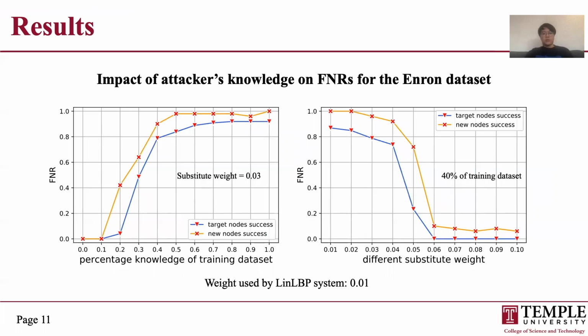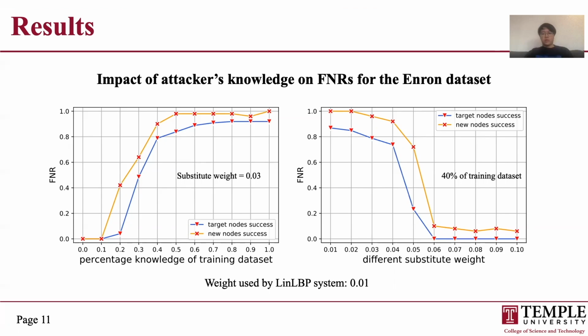On the left figure, when exploring the impact of the partial training dataset, we fix the substitute weight as 0.03. The attacker is still able to launch a powerful attack with only 40% of the training dataset. On the right figure, we assume the attacker has 40% of the training dataset, and explore the impact of different substitute weights.